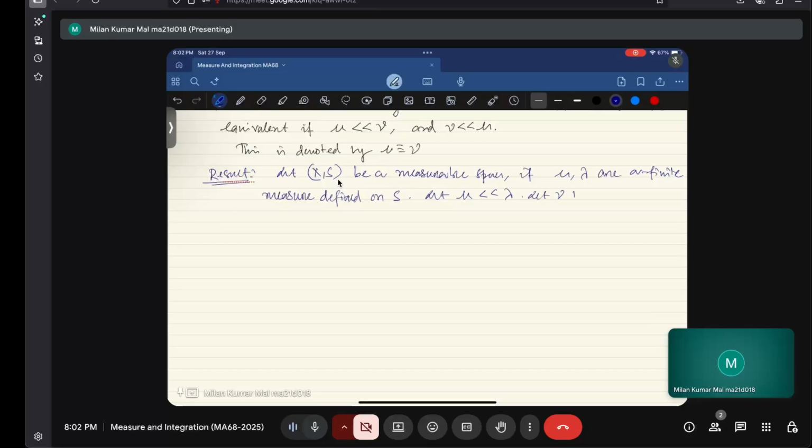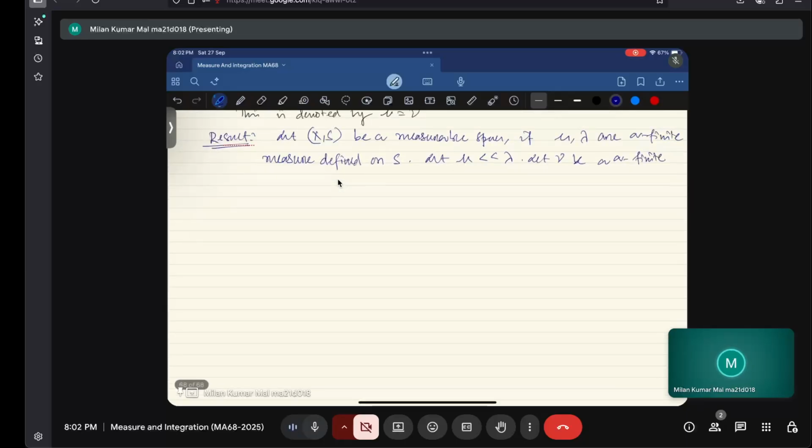Let mu be a sigma finite signed measure defined on S.